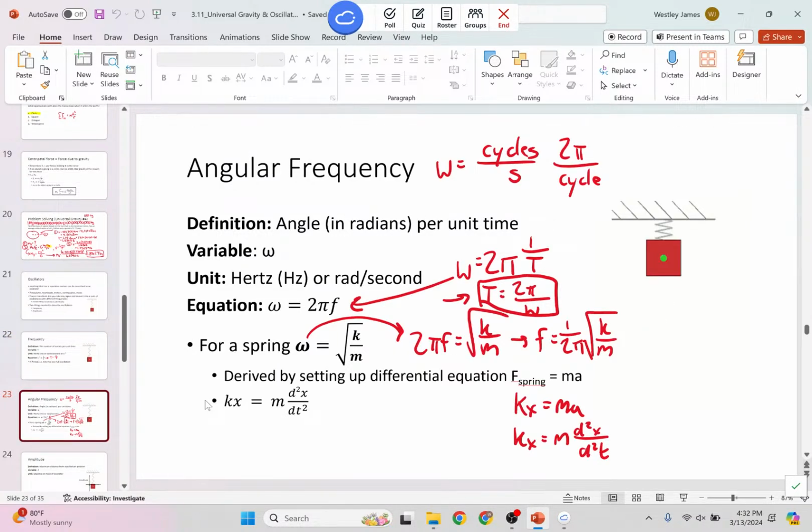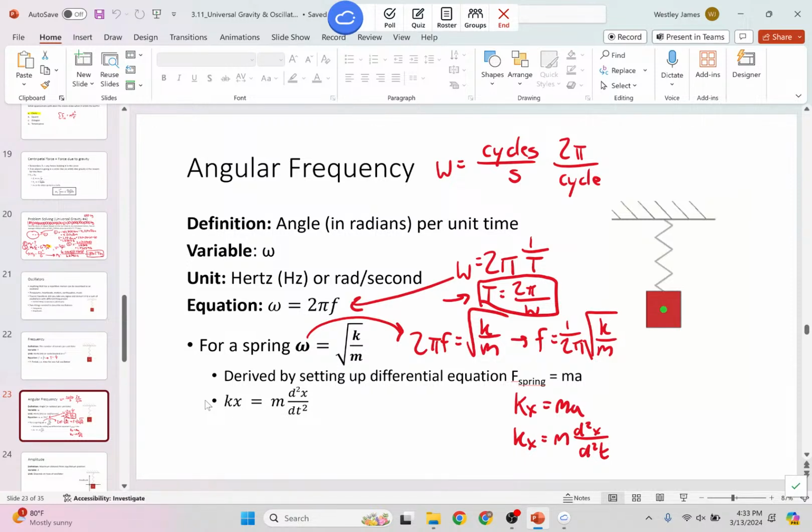And this is the radians per second. How many radians I complete per second. Not the same as frequency. Very similar, but they are not the exact same thing. Conversion is super simple. Just multiply frequency times 2 pi, the radians in a circle, and you get that.